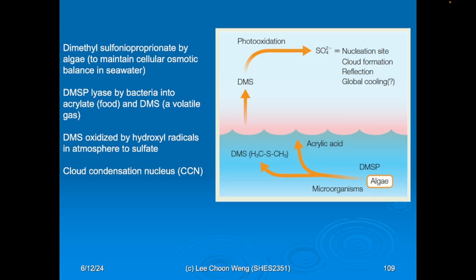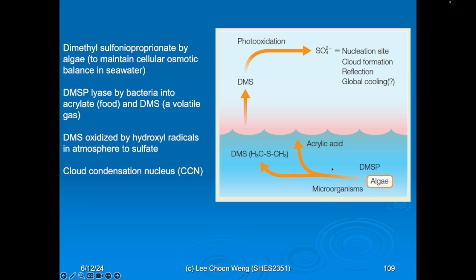So other than the sulfur cycle, we can also see sulfur in DMSP production. So dimethylsulfoniopropionate is produced by algae. This is a normal exudate that is released by the algae in order to maintain cellular osmotic balance in the sea.